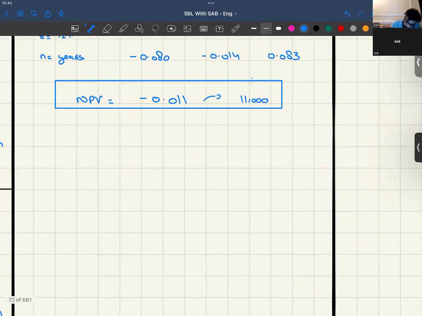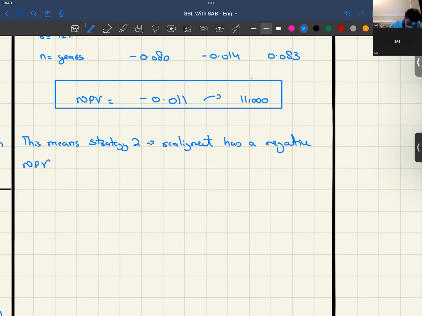So this means strategy 2, that's a realignment, has a negative NPV of $11,000, which means it's not a feasible strategy for DCS.